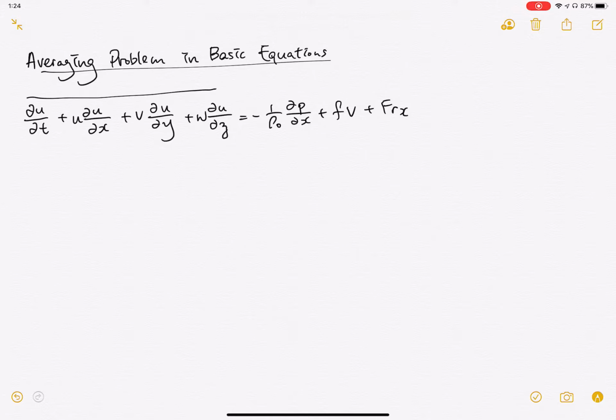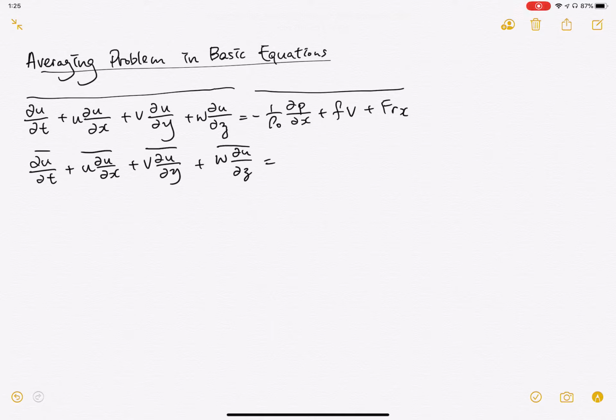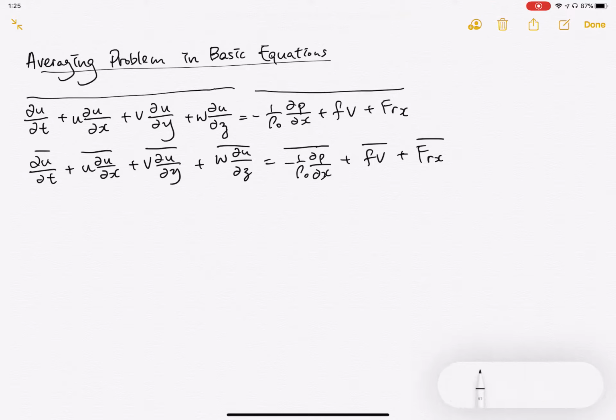Okay, we do the average of the whole equations, and then this is the next step. Okay, what we have applied here, we have applied the averaging rule here, right?